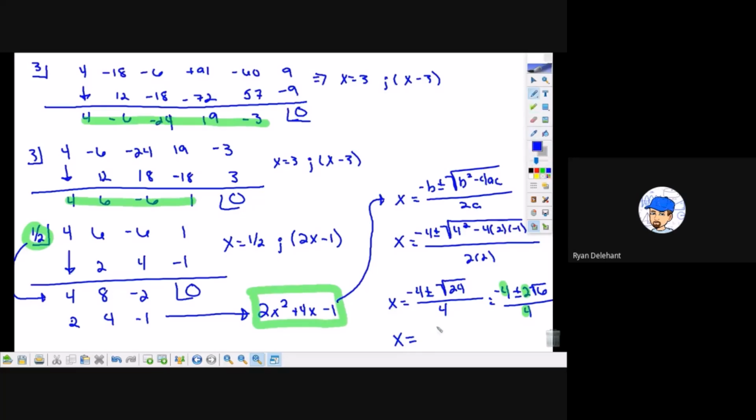So they all have a 2 in common. -2 plus or minus the root 6 over 2. Those are the other 2 roots of this thing, which we can write in factored form. And we'll do it on the next slide just to see it.